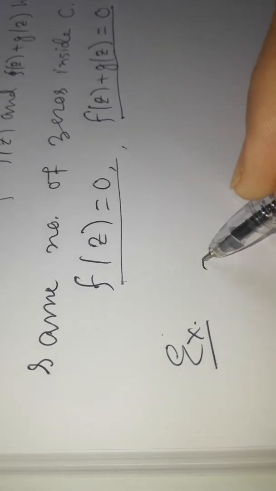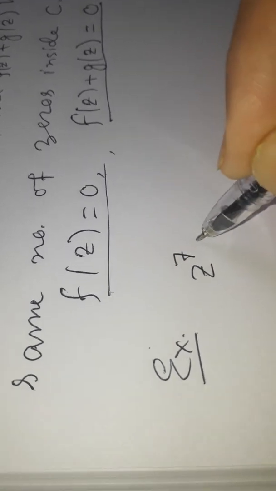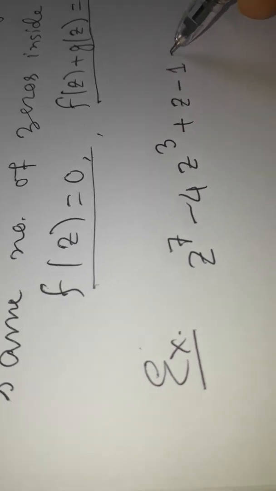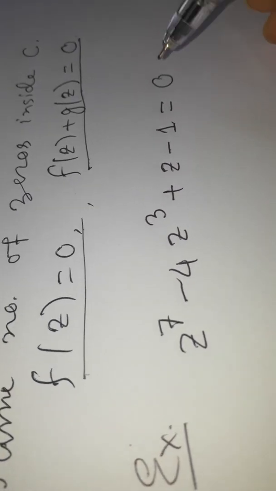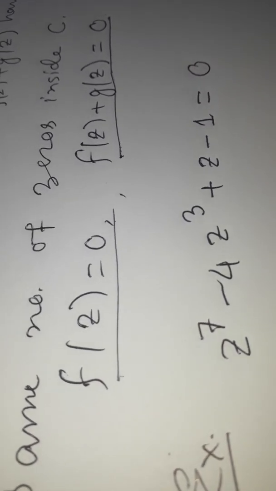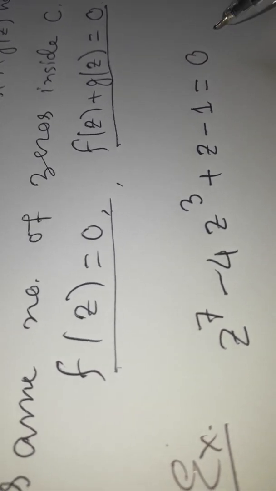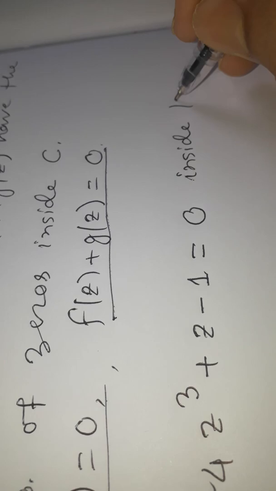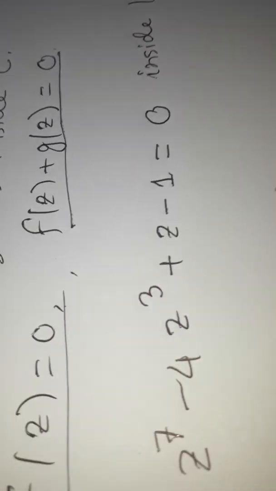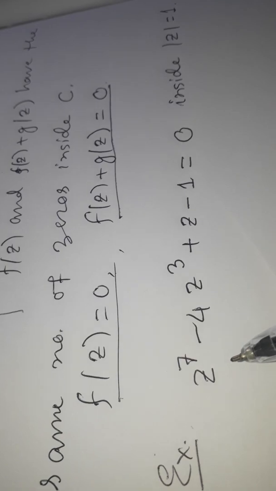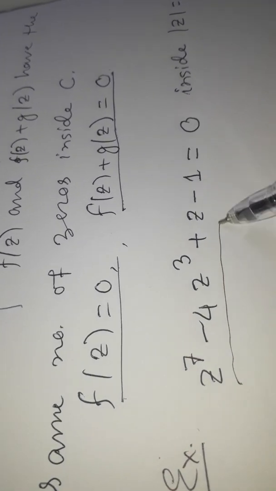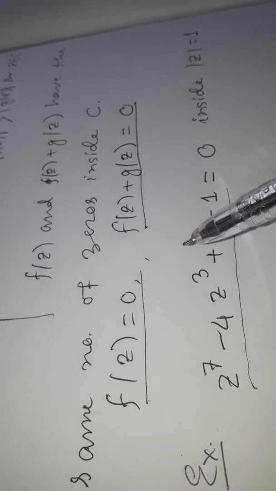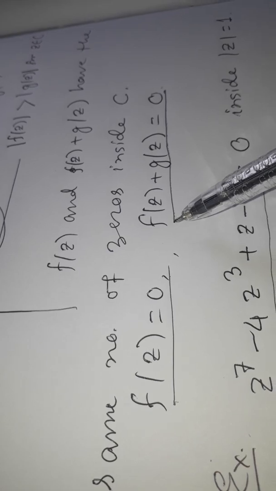We have to find how many zeros there are of this polynomial equation, or how many roots of this equation there are inside, say, modulus of z equal to 1. So we will split this into f(z) and g(z) so that I can conclude how many zeros there are for f(z) plus g(z).